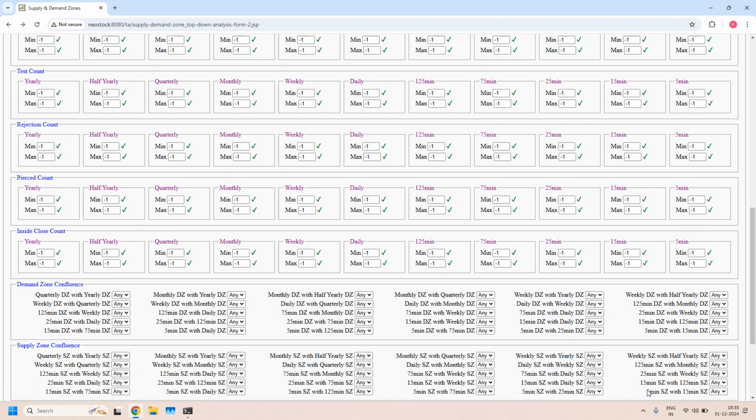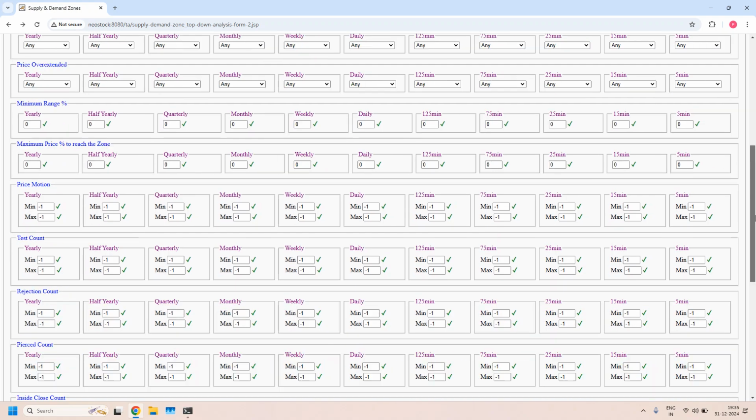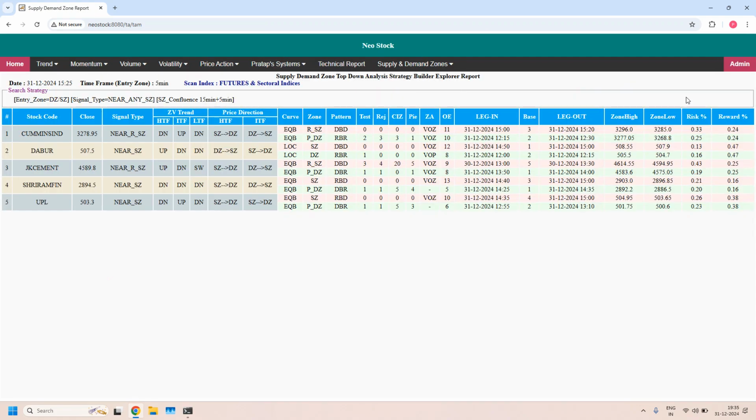I am enabling the filter. With this filter, from the 15 stocks, the list has come down to 5 stocks. All these 5 supply zones are part of the 15 minute supply zone, but the third one is invalid because the supply zone is already pierced. Okay, this is about stocks near demand and supply zones for different time frames.